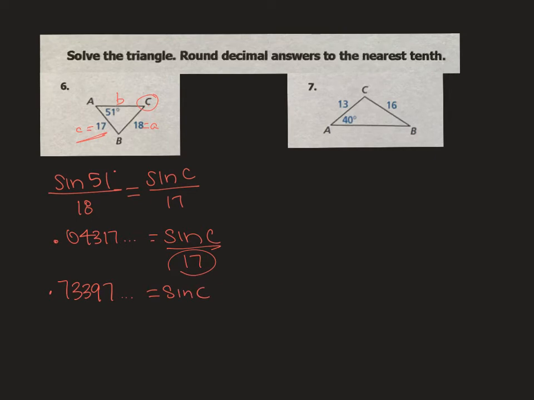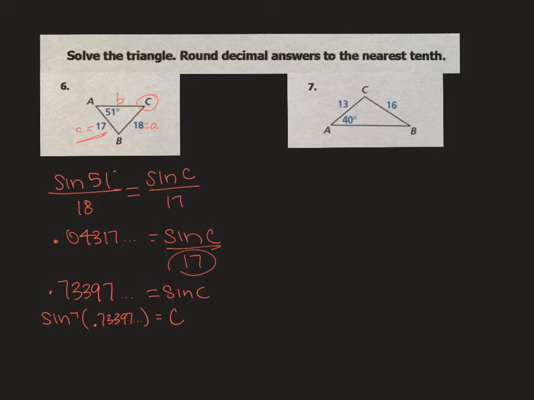Well, remember, to get C by itself, we've got to inverse that sine. So we're going to take the sine inverse of that decimal that we have to solve for C. So in your calculator, you should have 0.73397118858, then hit second of sine to get our sine inverse.